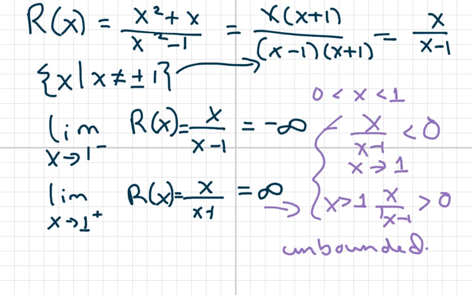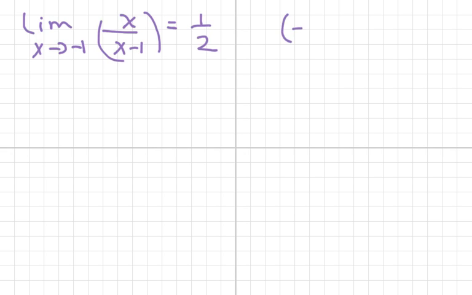All right, so let's look at the holes. Since we can use -1, let's take the limit as x approaches -1 of x over x minus 1. Since this is defined, we get 1/2 when you plug in -1. So there's a hole at -1, 1/2. And we can graph accordingly.